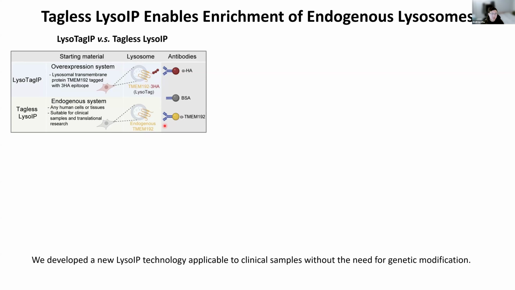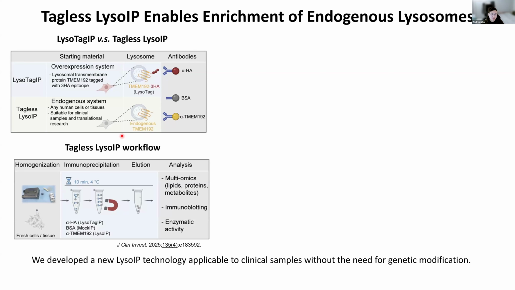This follows the same lyso-IP workflow, which can do the immunoprecipitation in less than 10 minutes, and allows us to analyze the molecular contents of clinical lysosomes, and also to do further immunoblotting and enzymatic activity investigations.